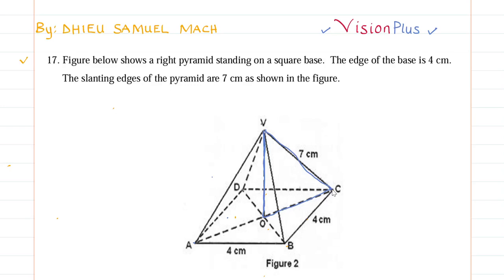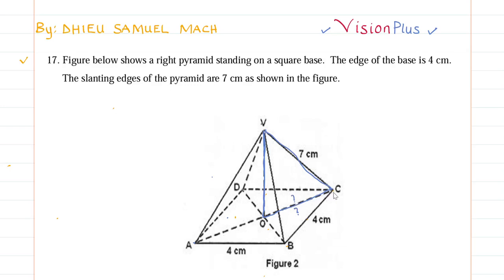All right, that means the distance VC is given as 7 centimeters, but the distance OC is not given.